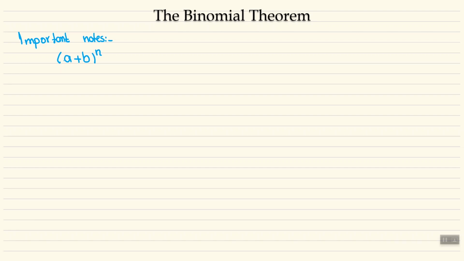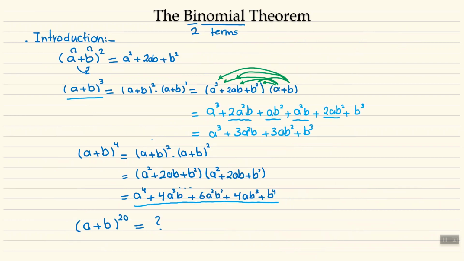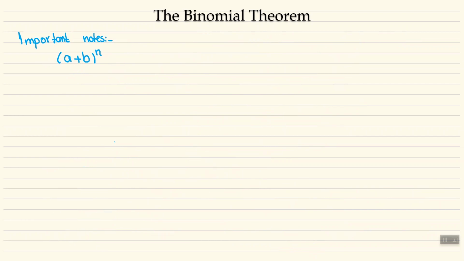So any 2 terms like x plus y to the power of 5, or a plus b to the power of 7, like for example this one, like a plus b to the power of 4, or like the previous ones, a plus b to the power of 2, a plus b to the power of 3, a plus b to the power of 4. So these notes, the following notes, are going to be first of all for this one, a plus b to the power of n. What are these notes?